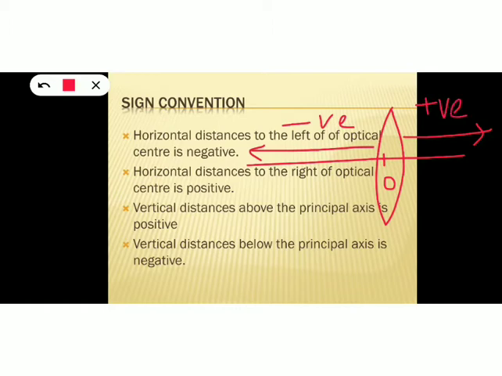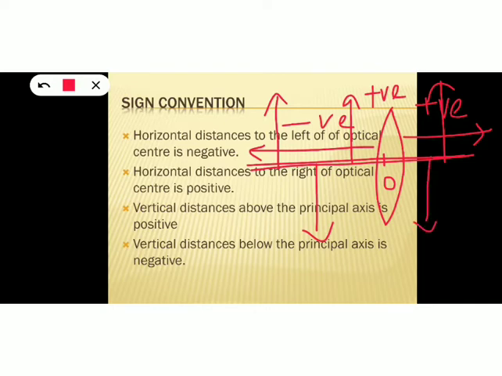And what about the vertical measurements? All the vertical distances above the principal axis, so this will be our principal axis, and anything above the principal axis, that means this direction, is taken as positive. And all the vertical distances below the principal axis are taken as negative.